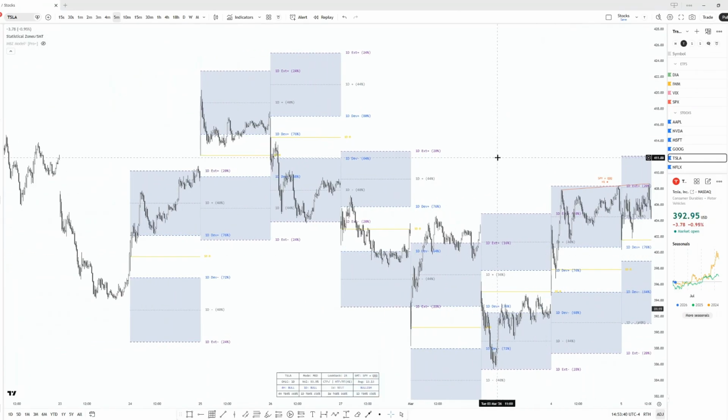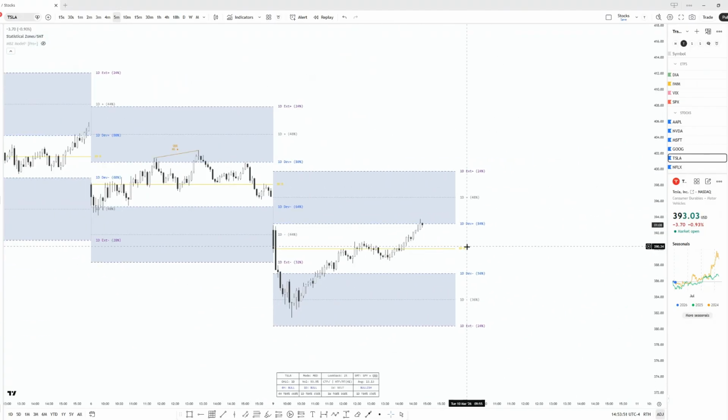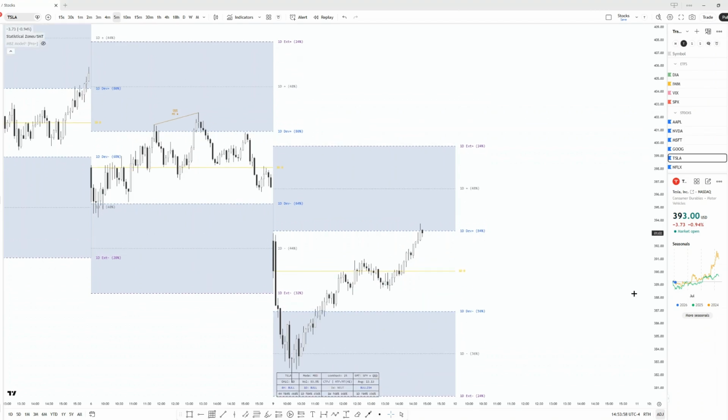I might do longer dated expiry, or it's very rare when I do same day expiration. But these are the probabilities, and you can choose the opportunities, whether it's an investment opportunity, swing trading options on the higher time frame, or scalping options here on the lower time frame.